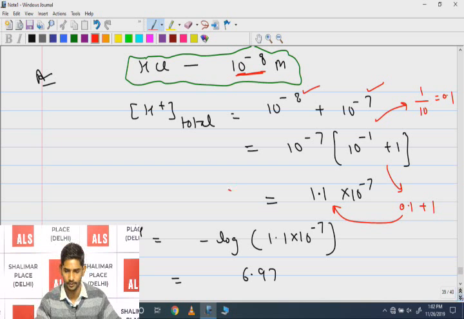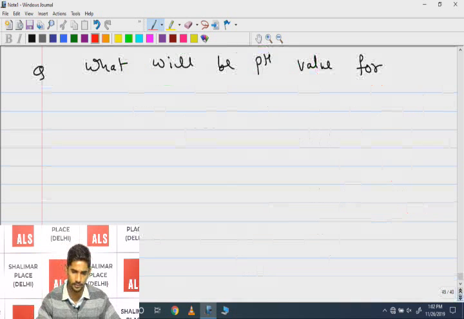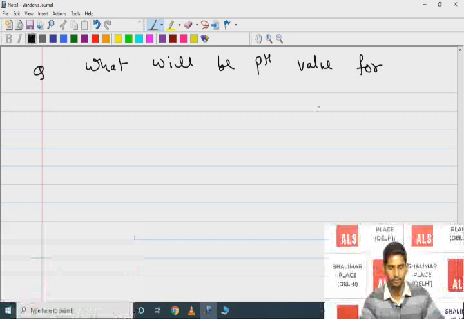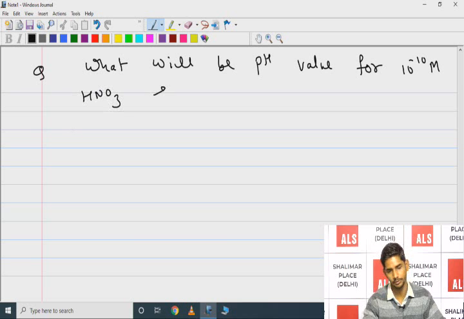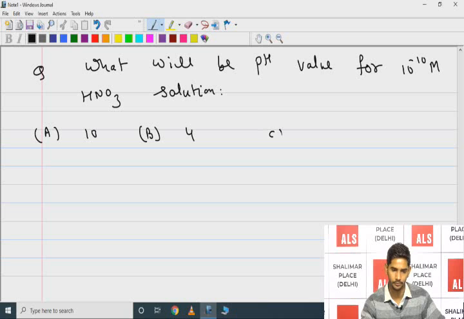Okay, so this is the question for you guys. What will be the pH value for 10 to the power minus 10 molar HNO3 solution? Options are A 10, B 4, C 7 and D 6.86.